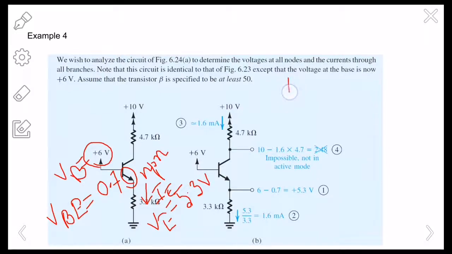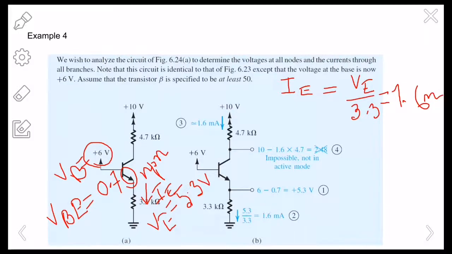So let's try to find out IE. IE is equal to VE divided by 3.3k. So it is around 5.3 divided by 3.3k, which is 1.6 milliampere, most probably, if I'm doing the calculations correctly. 1.6 milliamperes IE.